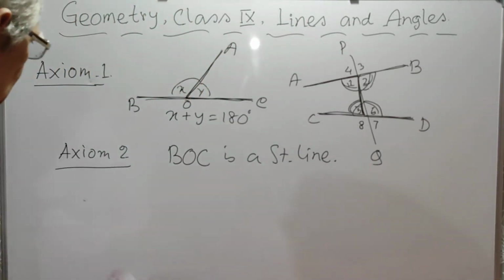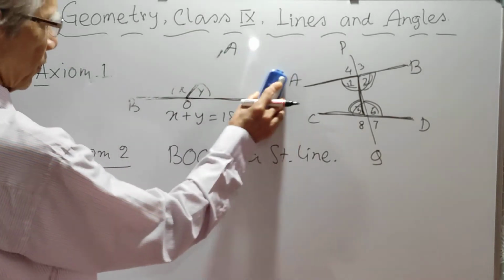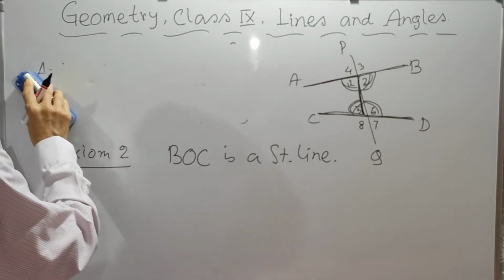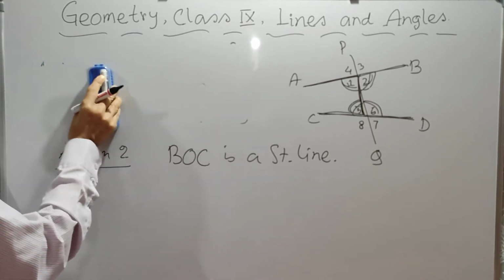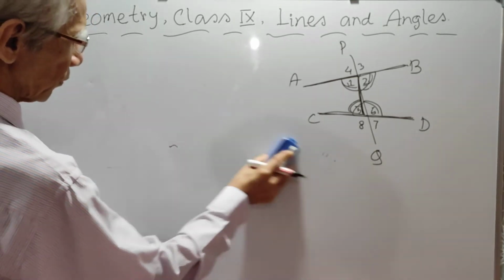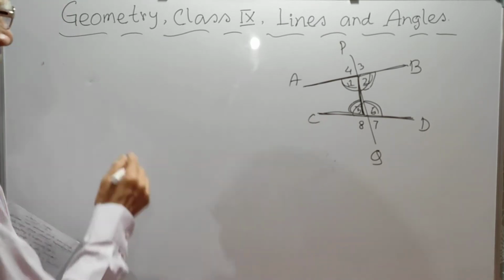All right. Now axiom 3. Axiom 3 is this one. It is two parallel straight lines intersected by a transversal.